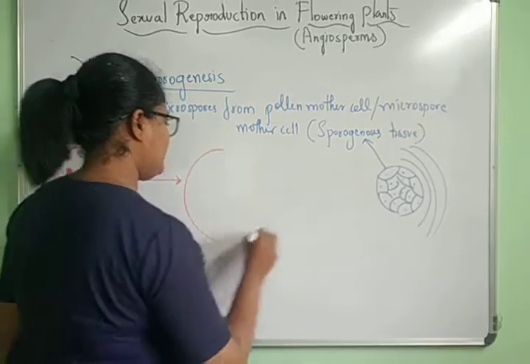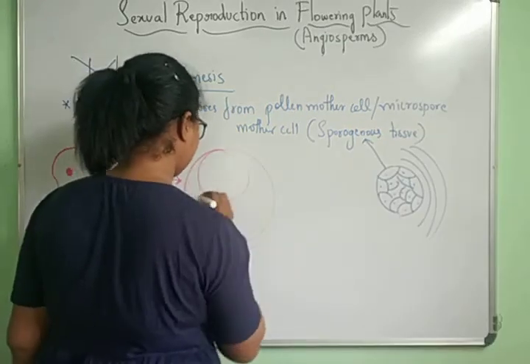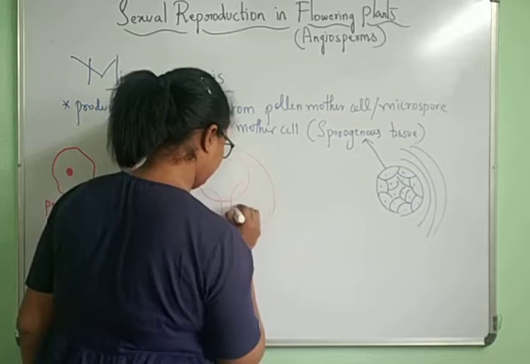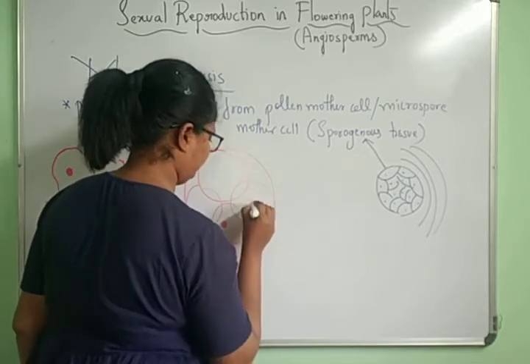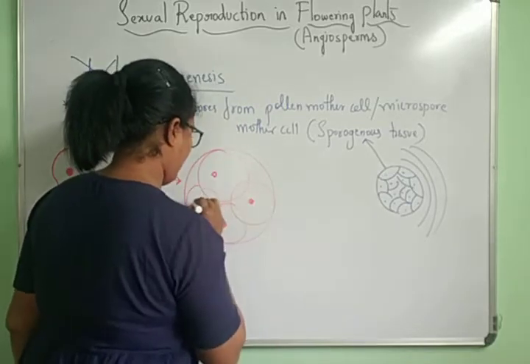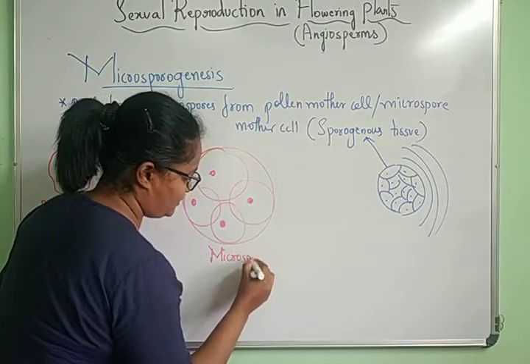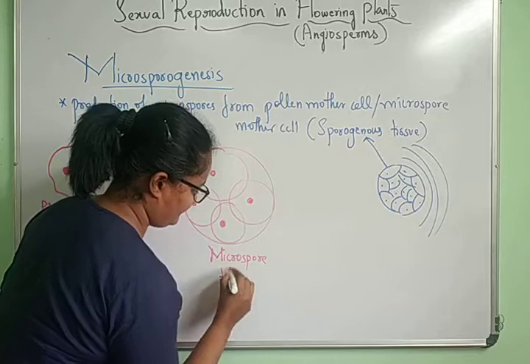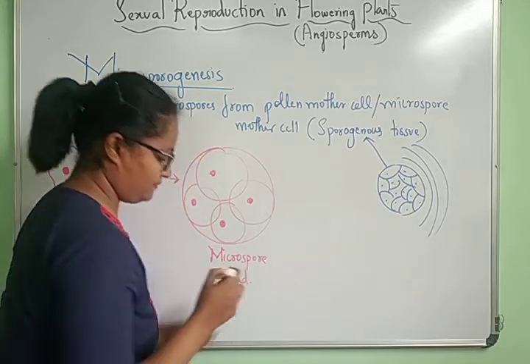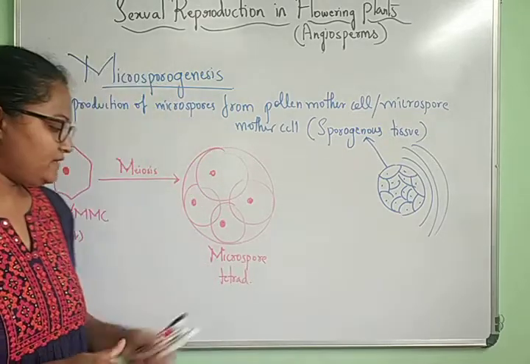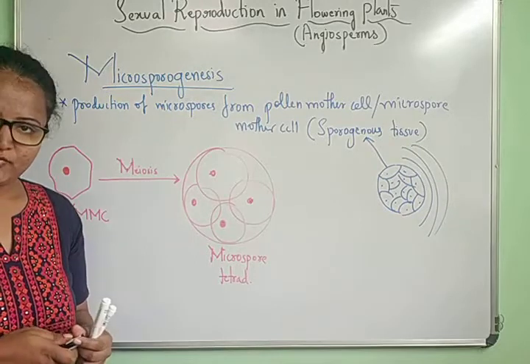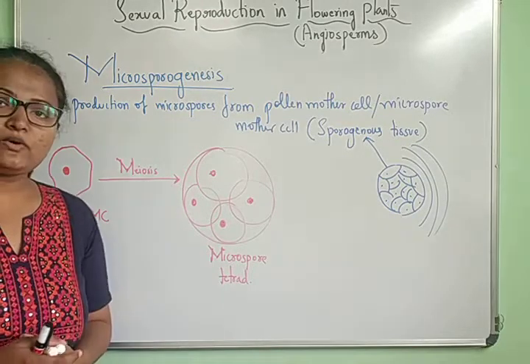They give rise to a microspore tetrad. As we know, tetrad means 4, and why is it called microspore tetrad?